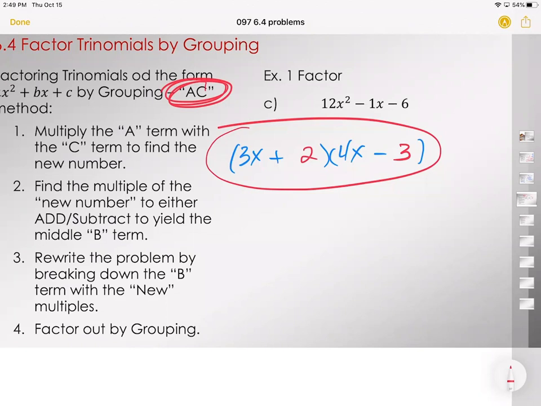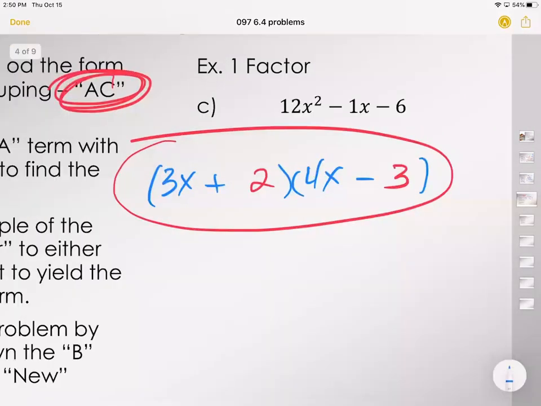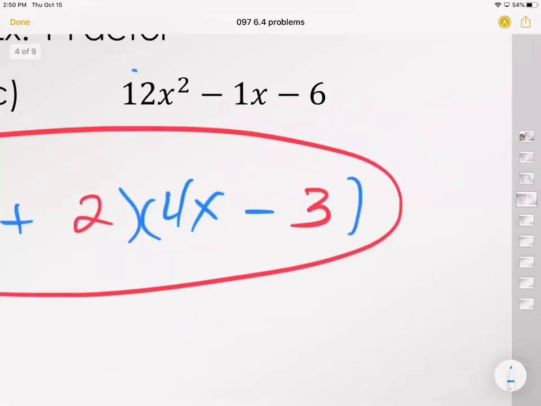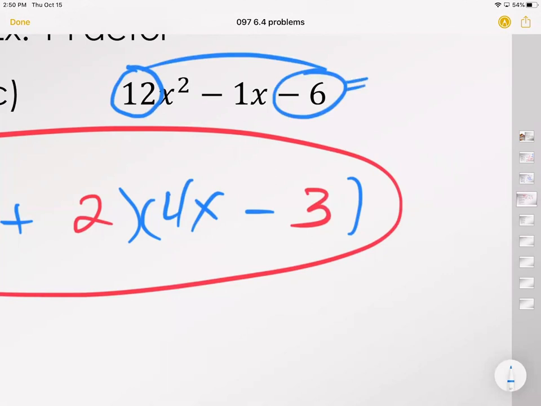So again, we saw the answer. We can FOIL this out and you can see that the answer will give you the problem back. So if you were to do the AC method, what do we need to do? The AC method says I take the 12, multiply the 6, and the 6 is negative, so I will end up with a negative 72.